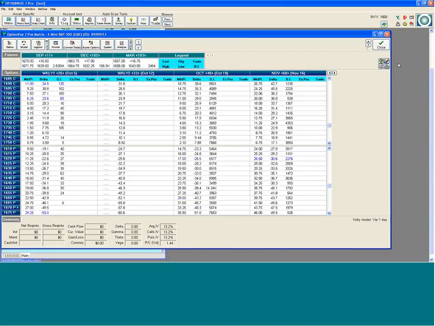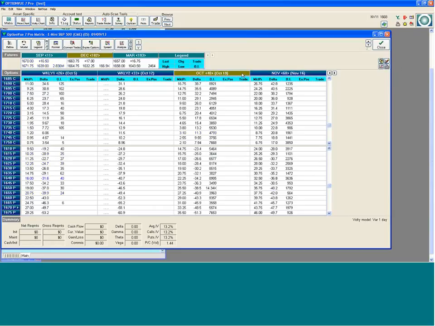You could also do what's called a reverse diagonal calendar put spread. Reverse diagonal means we're going to buy the front month, sell the deferred month.